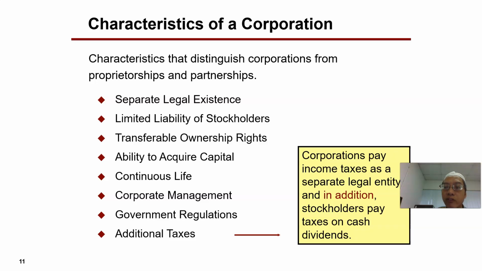So the owners in fact will be facing twice the tax. Firstly is from the corporate tax on the net income of the company, and then tax on the dividend that the owner received from the company. Okay, so as if the owners are incurring two times of tax.